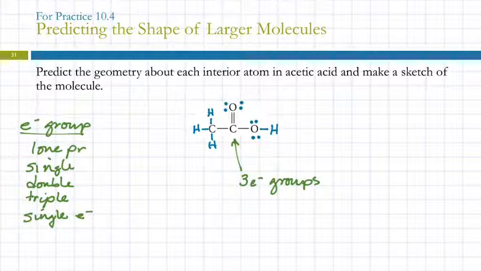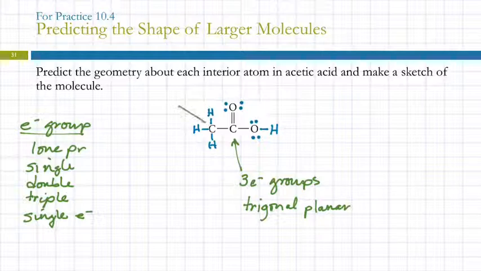What's the geometry there? Trigonal planar. That's the electron geometry. Are there any lone pairs? No. So the molecular geometry is the same.